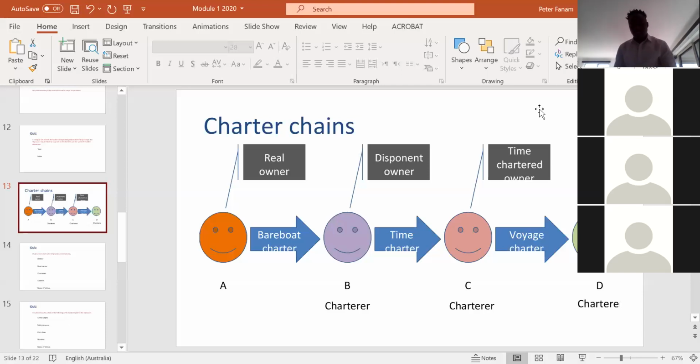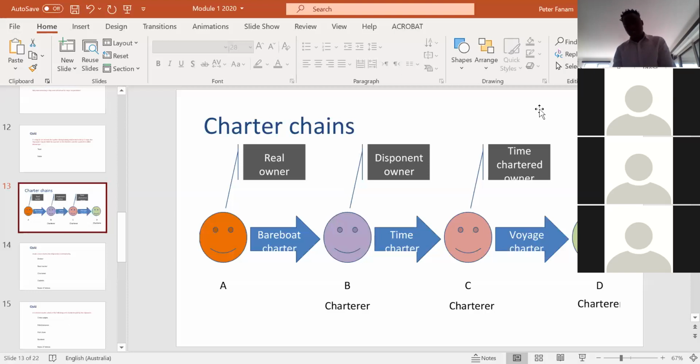So in this charter chain, what you have to really know is, for example, can B, who is a disponent owner, approach D to pay him the hire money, in case C, who is responsible for paying B, is not paying B?